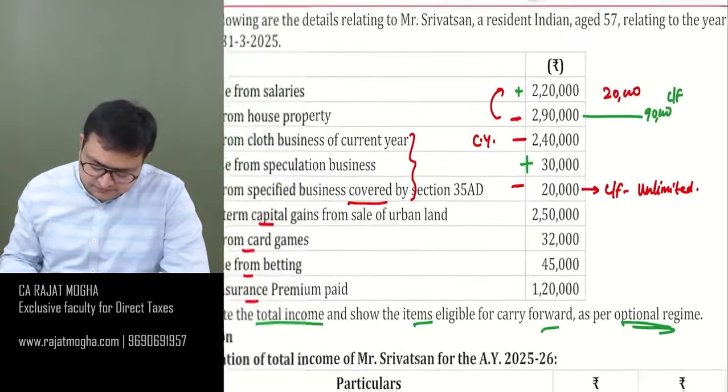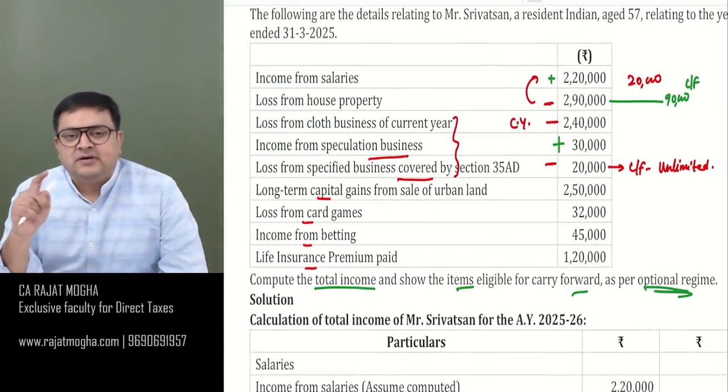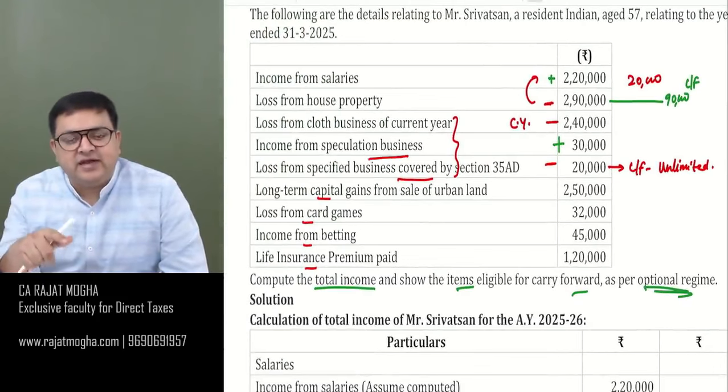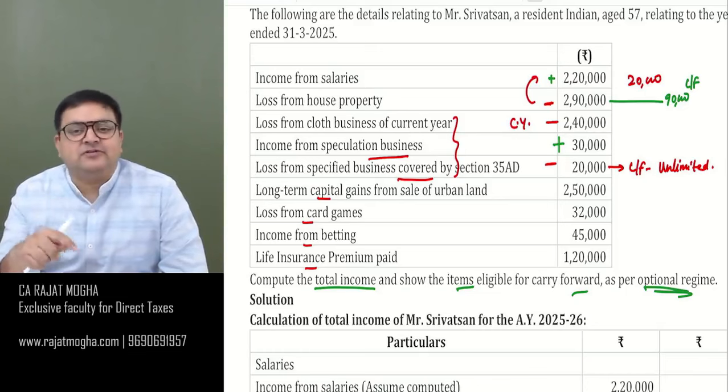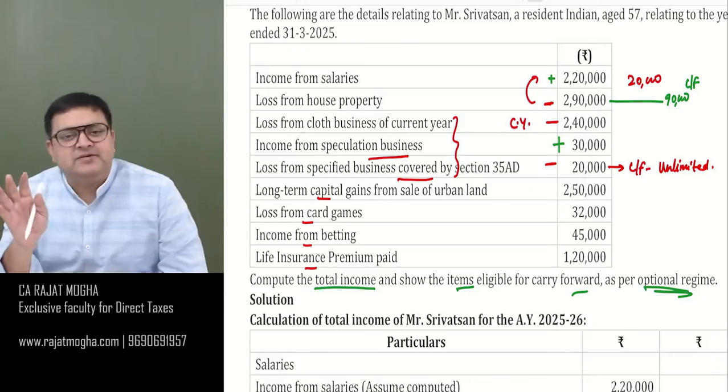Now, income from speculation business. See, losses from speculation can be set off from speculative only. But if they have income, then other normal business losses can be set off from this income also. Normal business loss can be set off from any business.